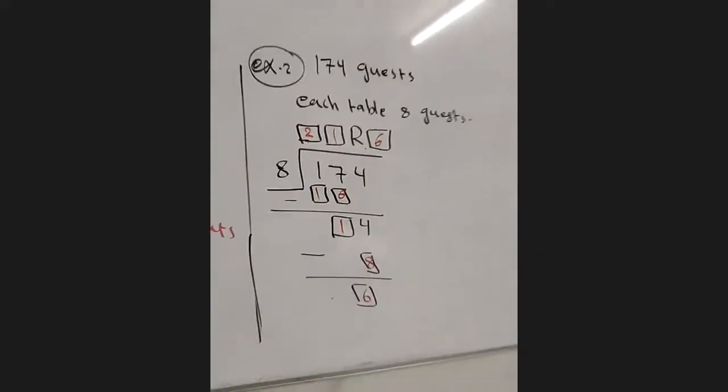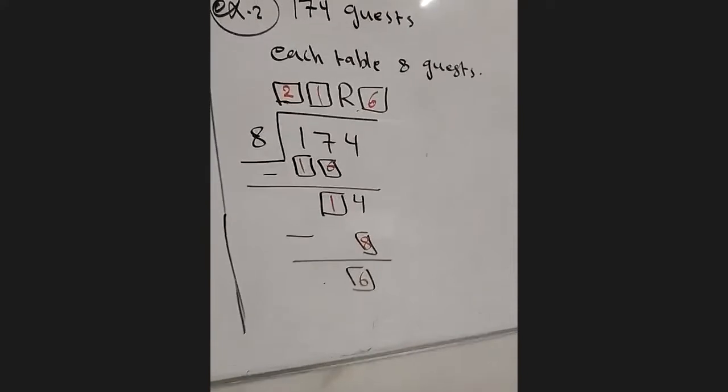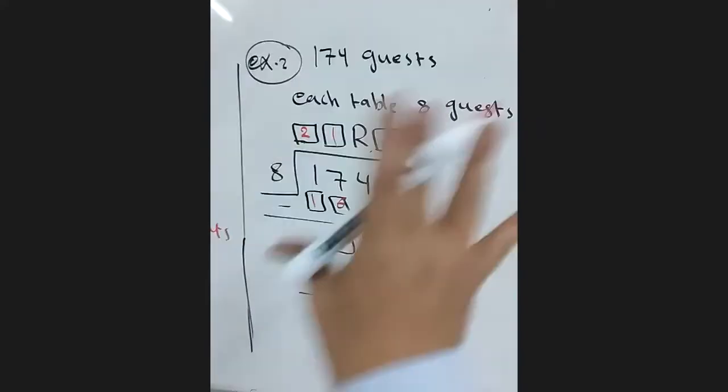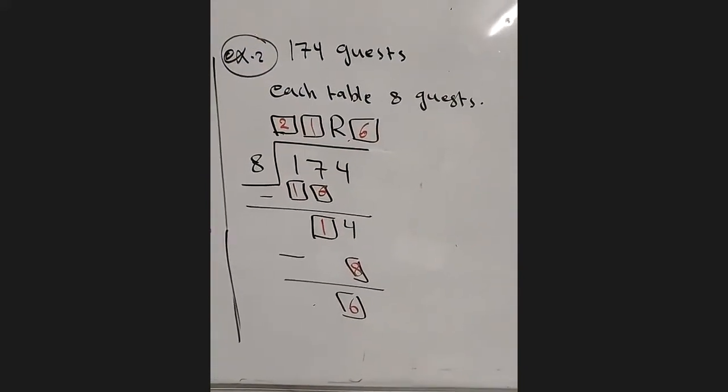Now, Mr., what's your name? Omar Adnan. Omar, what does this mean? We have 21, remainder 6. What does this mean in this question? Can you tell me?